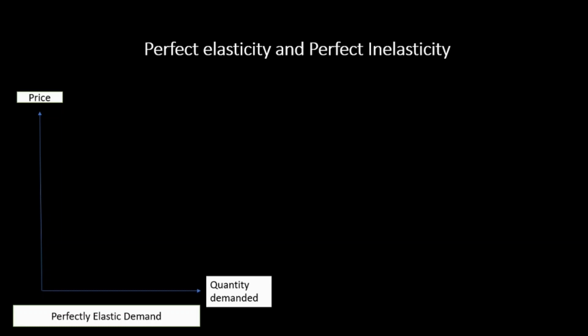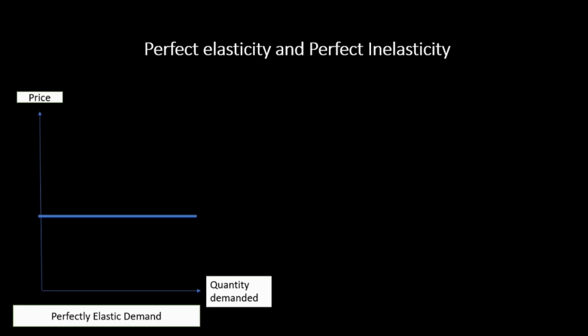So how does the graph look in the case of perfect elasticity and perfect inelasticity? Let's first talk about perfectly elastic demand. We know that in the case of perfect elasticity, the price has to remain constant. The moment you increase the price, the quantity demanded quickly becomes 0. So my graph should look like this, which is nothing but a horizontal demand curve.